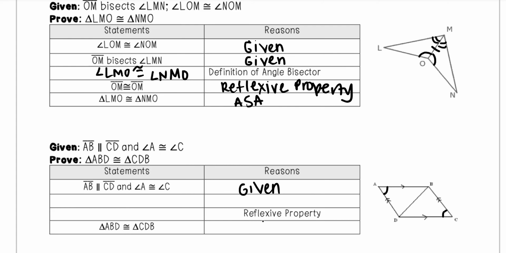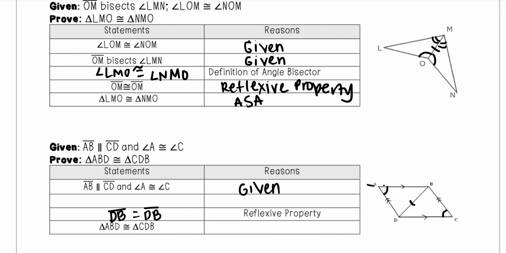We can see that we have a reflexive property being stated in our proof. So we're looking for that shared side. I'm going to mark DB being congruent to itself. So right now we have an angle and a side. We're going to need another angle somewhere congruent in here.